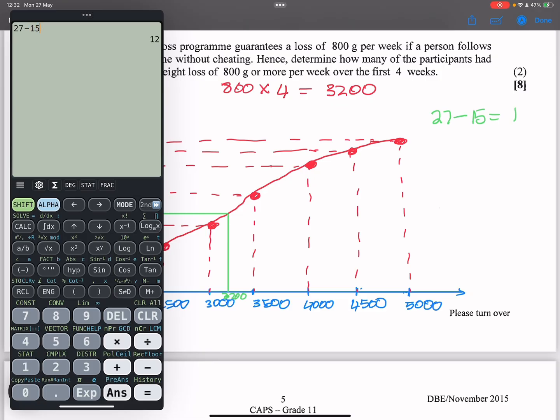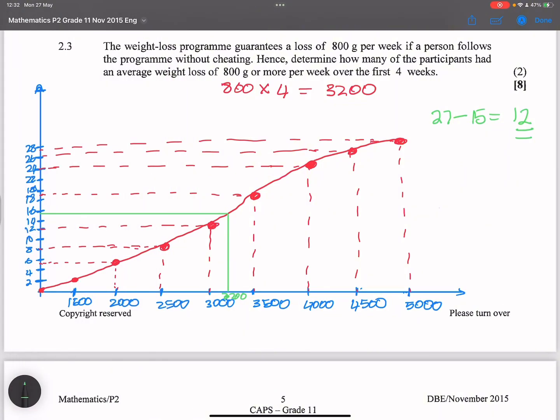Of course, ladies and gents, my value might be slightly different because my graph is really not the best in terms of accuracy. You can check that again and see if you get a similar value. If you do have that table, please use it so that your graph can be even more accurate.